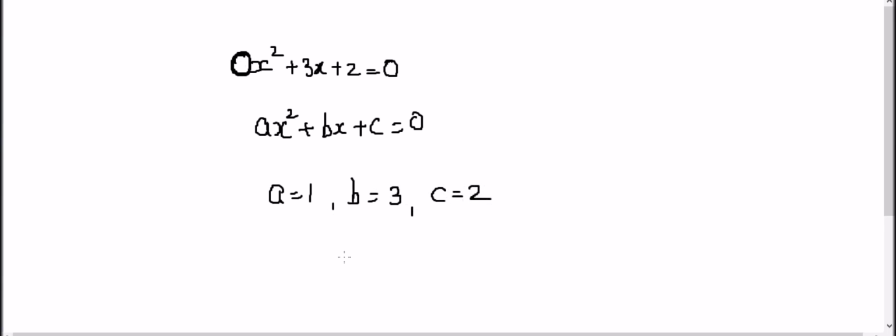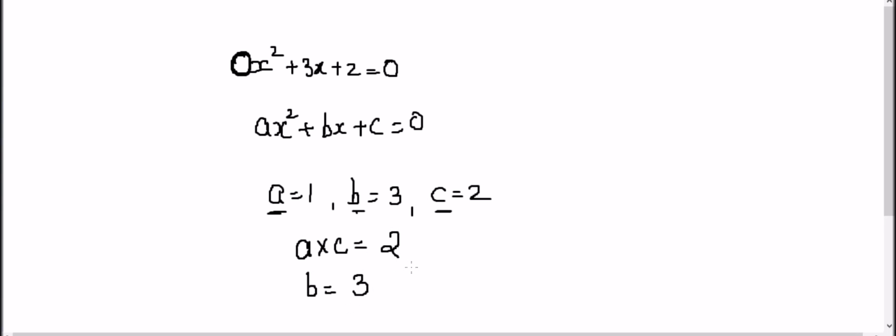If we are solving it by factorization method, we have to see the product of a and c. So the product of a and c here is 2, right? And b is 3.